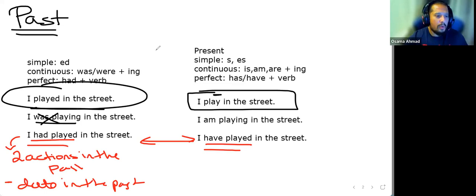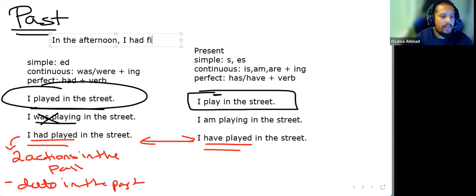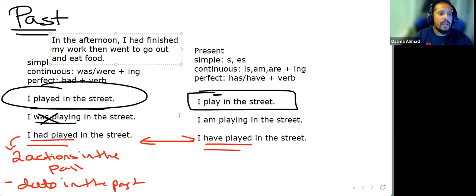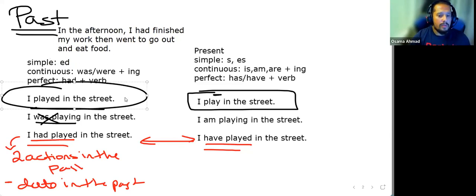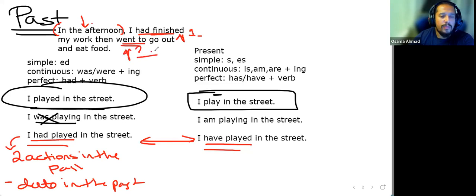For example, we can say, in the afternoon, I had finished my work, then went out and ate food. So the past perfect has to come at its own time, please. I had finished, right? So in the afternoon, we did something in the past, action number 1, and after that action number 2. I haven't seen the past perfect come out correct. I have seen the present perfect come out correct.